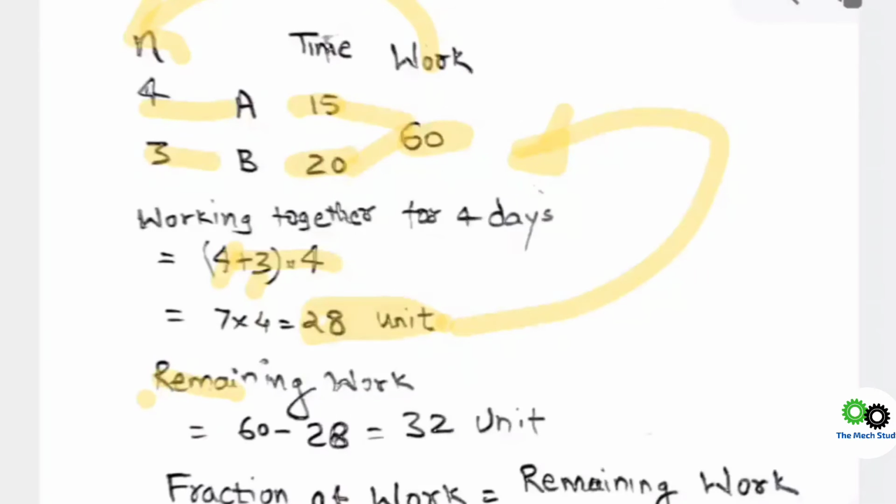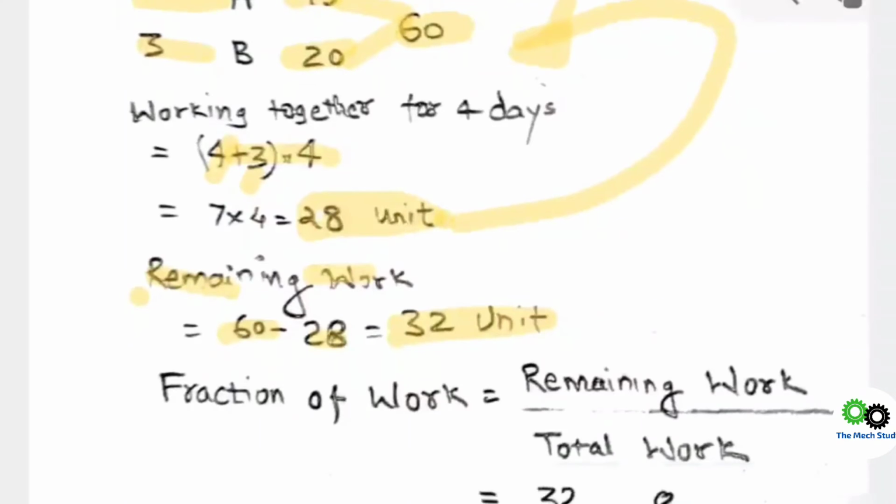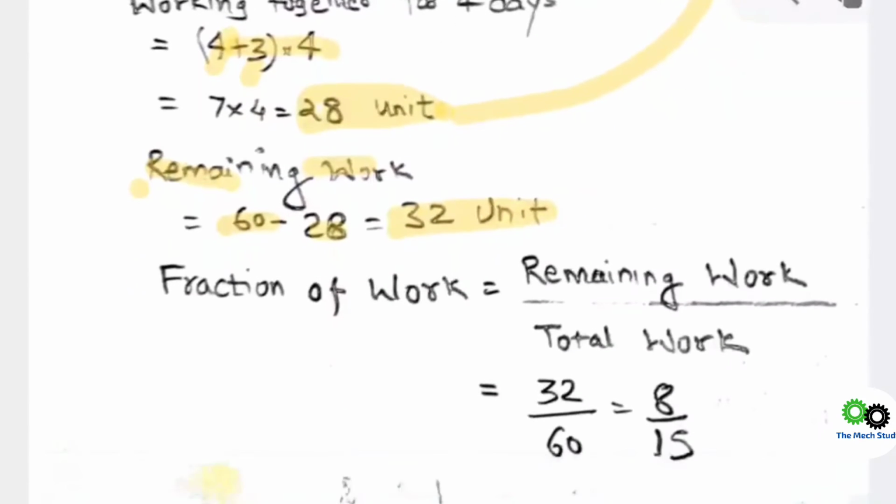So the remaining work is 60 minus 28, which is 32 units. And the fraction of work which is not yet done is the remaining work divided by total work. If you divide 32 by 60, you will end up with 8/15, which is the option they have mentioned in the question. So 8/15 is the right option for this question.